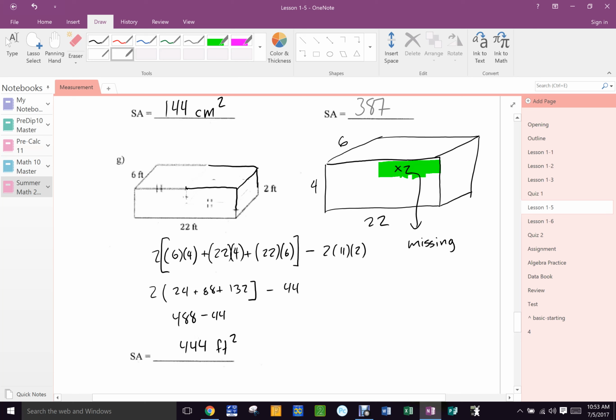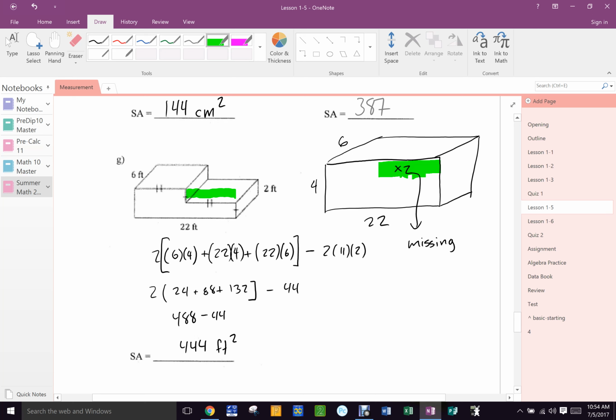You could all do that one super easily, couldn't you? Okay, what's the only thing that's missing? Just that little rectangle right here is gone from the whole thing, isn't it?